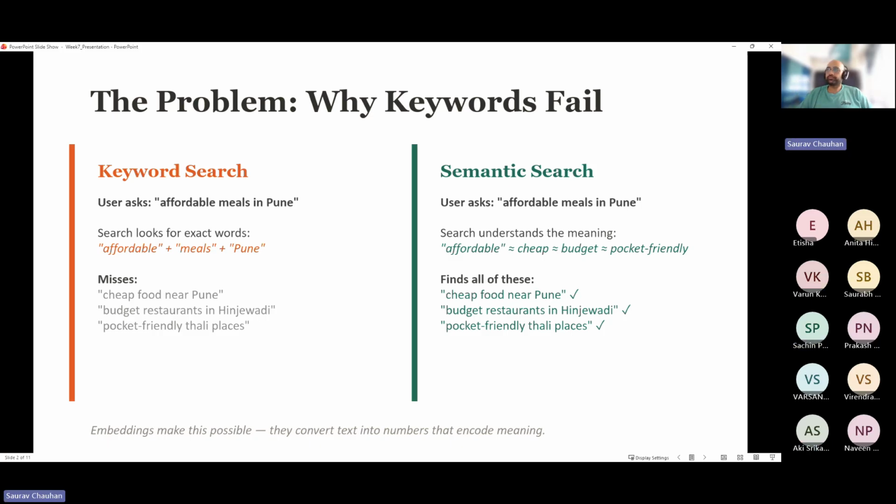No. It will also include words like cheap, for example cheap food near Pune. Would cheap food near Pune still mean affordable meals in Pune? Budget restaurant in Hinjewadi could also be a good search result for affordable meals in Pune, as well as pocket-friendly thali places.